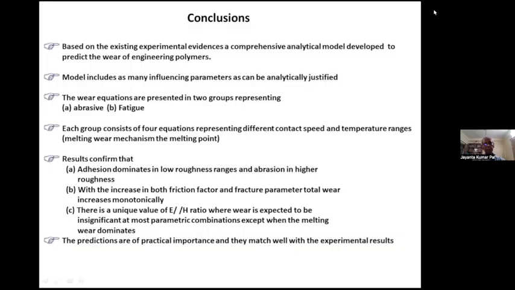There is a unique value of theta by lambda, which can be presented by E by H, where we can expect high wear and low wear. So this is of practical importance, and as we discussed earlier, we can avoid those conditions and choose polymers so that they can wear less.